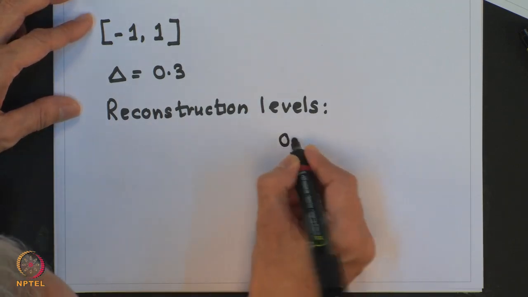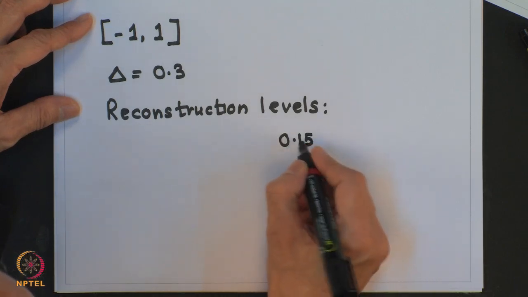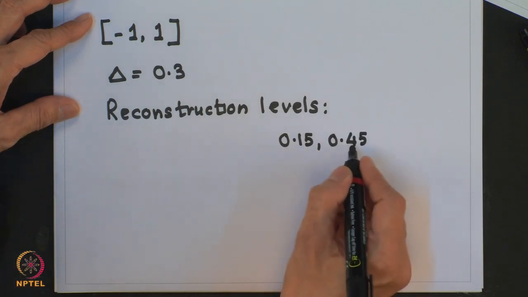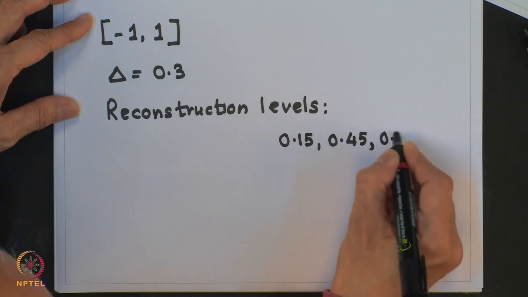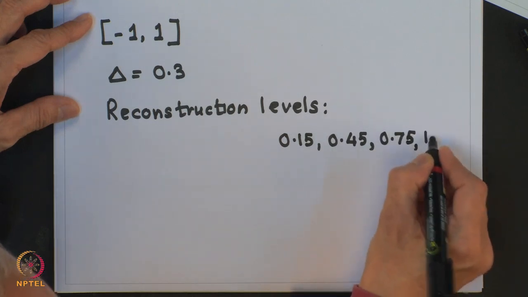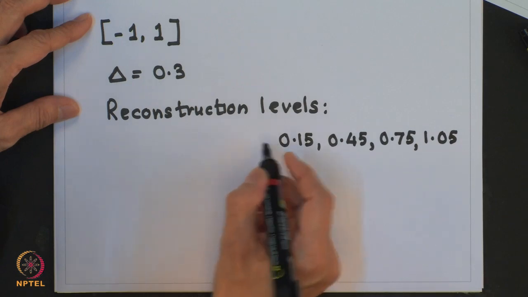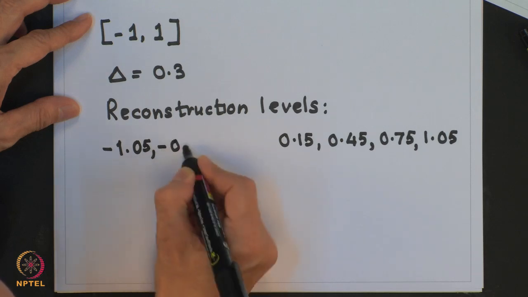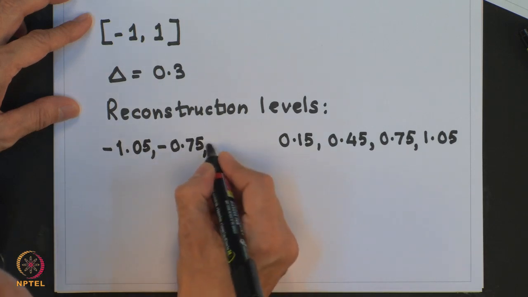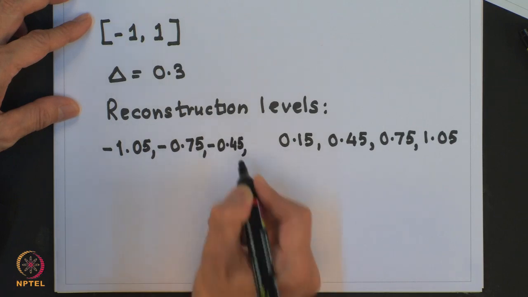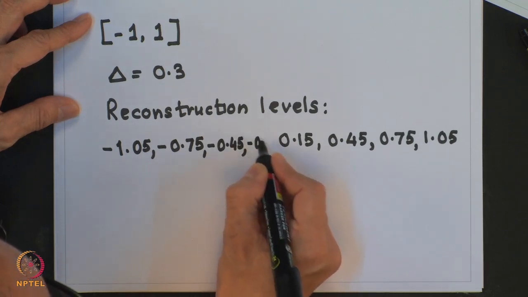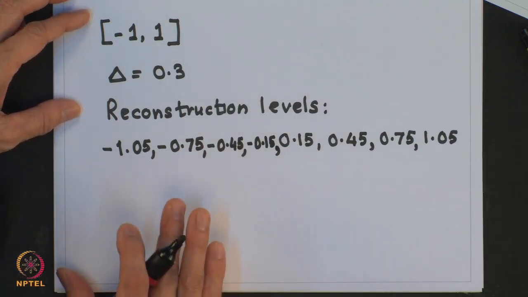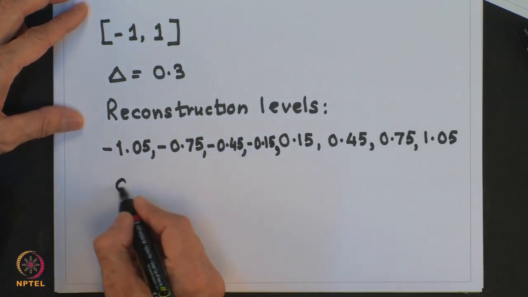So, you will have on the positive side 0.15, you will have the next reconstruction level spaced by 0.3, so 0.45, you will have 0.75 and you will have 1.05, and on the negative side you will have similarly minus 1.05, minus 0.75, minus 0.45 and minus 0.15.